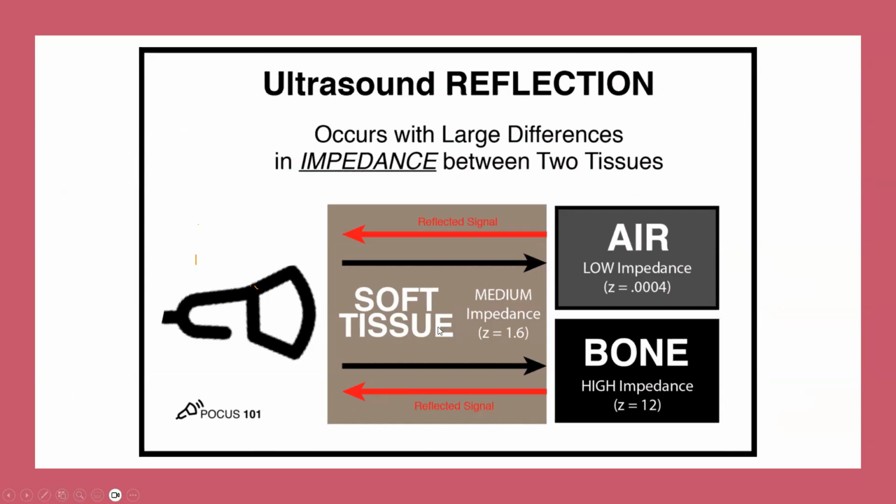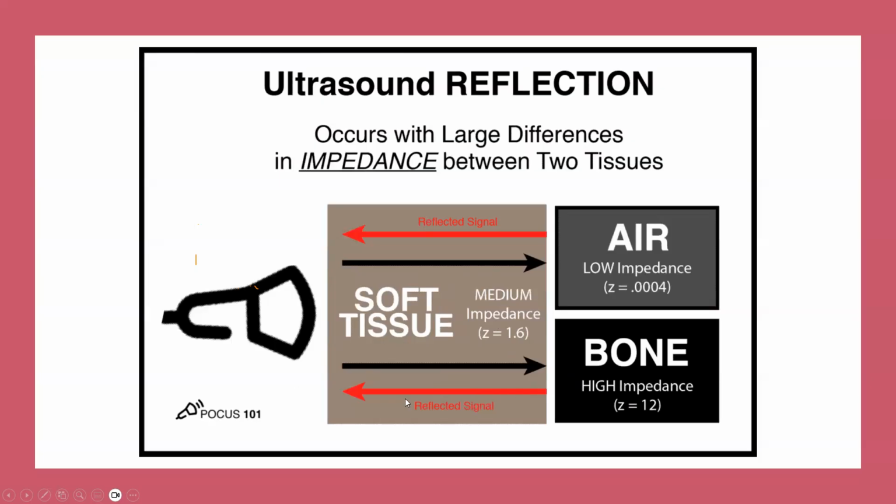On the other hand, soft tissue has a very low, medium impedance is the word that we would use. So naturally, if you start using an ultrasound probe and it passes from soft tissue into bone, there will be higher reflection.